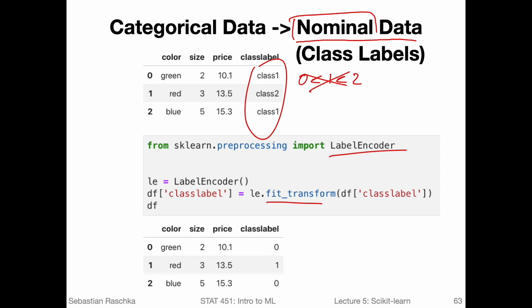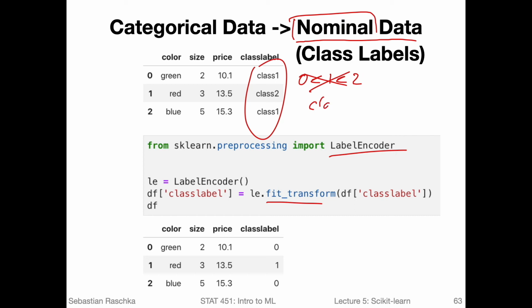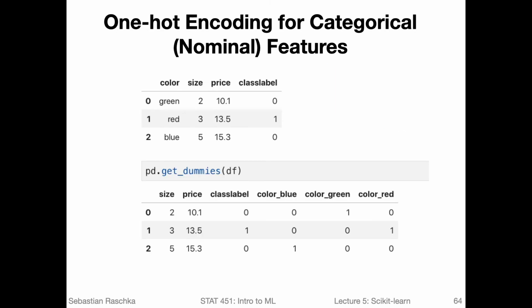For example, it may do that alphabetically, where class 1 will be mapped to 0 and class 2 will be mapped to 1, just alphabetically, and then it will memorize this mapping. This happens when we call fit, and in transform it will then transform these string labels to integer labels. And the label encoder is just fine for working with nominal data where there's no order implied.